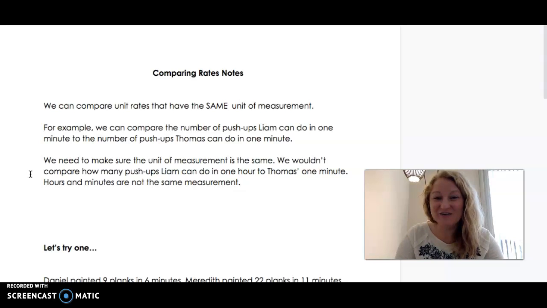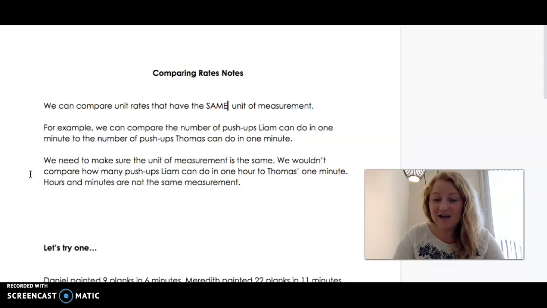Those are unit rates that we can compare. Because the unit of measure is the same, we wouldn't compare how many push-ups Liam could do in an hour to Thomas's 1 minute. As you know, Liam would get increasingly tired over the hour compared to Thomas's burst of energy in a minute. So hours and minutes are not the same measurement, so we wouldn't be able to compare them. We would have to make them have the same measurement.